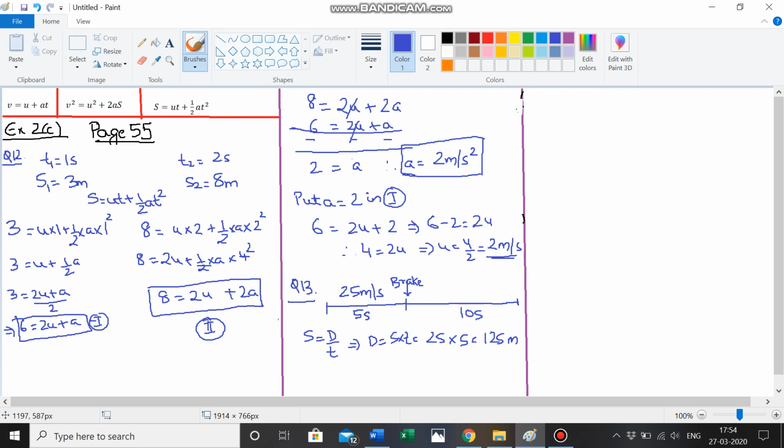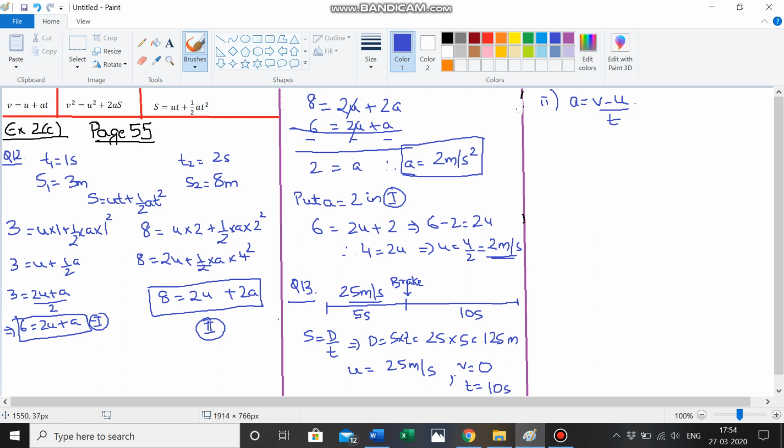Done. Part 2 is calculate the retardation. For retardation, I know the formula is acceleration is equal to final velocity minus initial velocity upon time. In this case, the initial velocity is given as 25 meter per second, and it comes to a rest, which means final velocity is 0, and the time taken for it to come to a rest after brake is applied is 10 seconds.